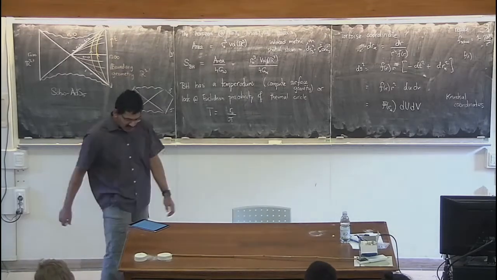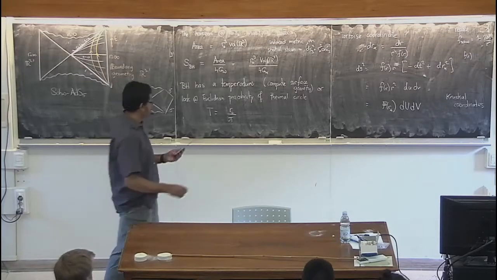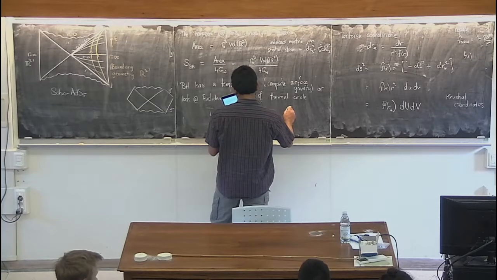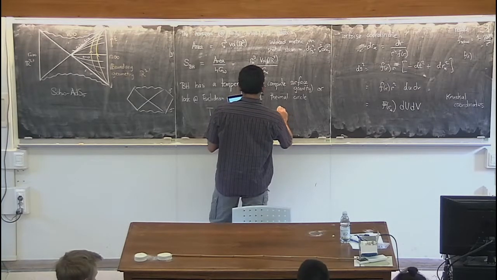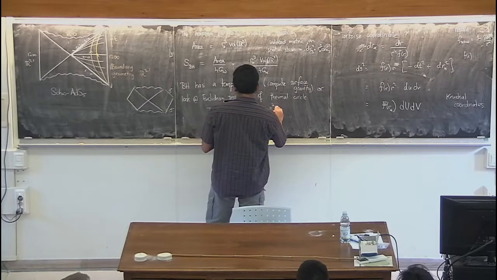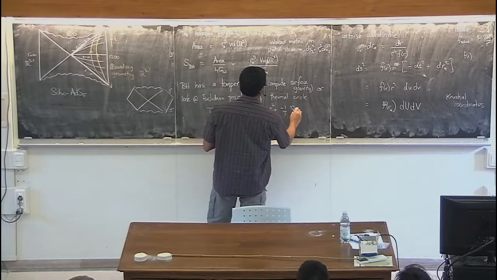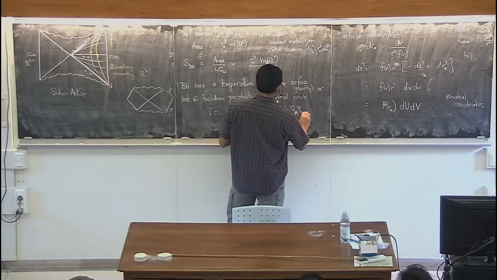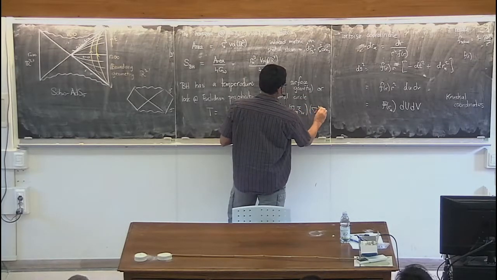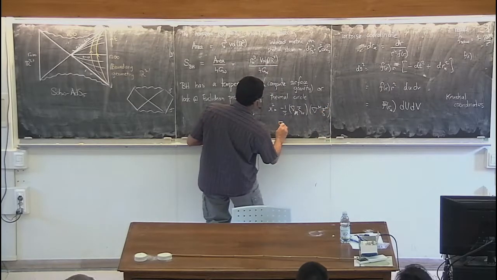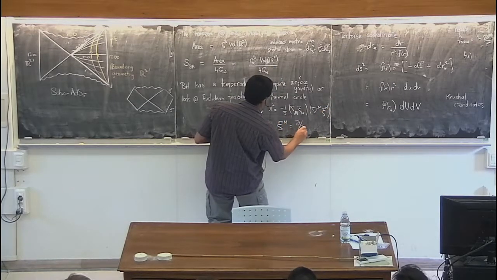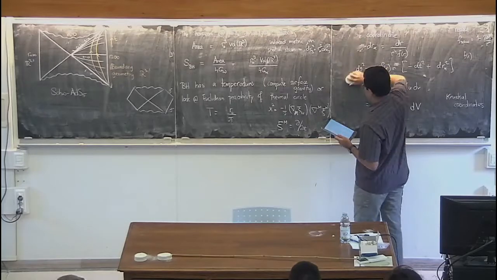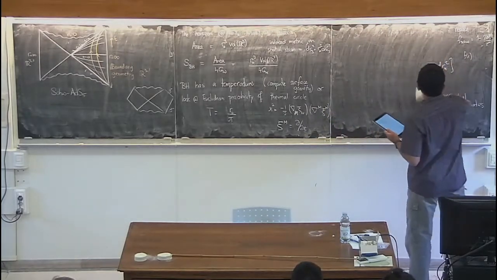Okay, so if you compute the surface gravity, kappa squared is defined as minus half grad_m psi_n grad^m psi^n, for the Killing field psi being d by dt, and you should find this answer by realizing that temperature is kappa over 2 pi.